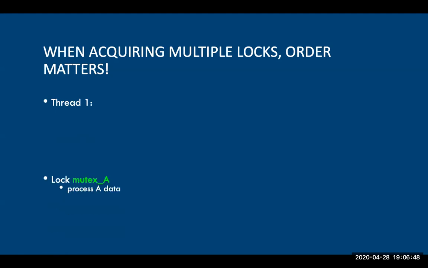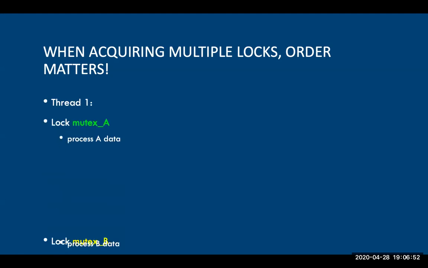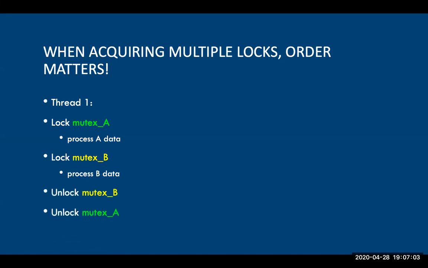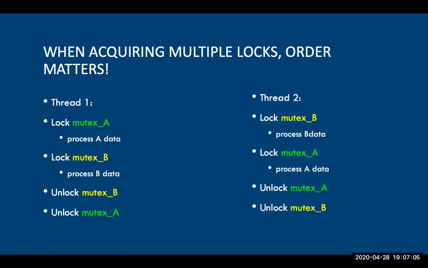In this case, I've got mutex A and mutex B that are associated with some specific piece of data that I want to modify, and then I unlock them because that's the right thing to do. Then in some other thread, not the same worker function, let's say, it's trying to access the same data. Maybe one's writing and one's reading, right?